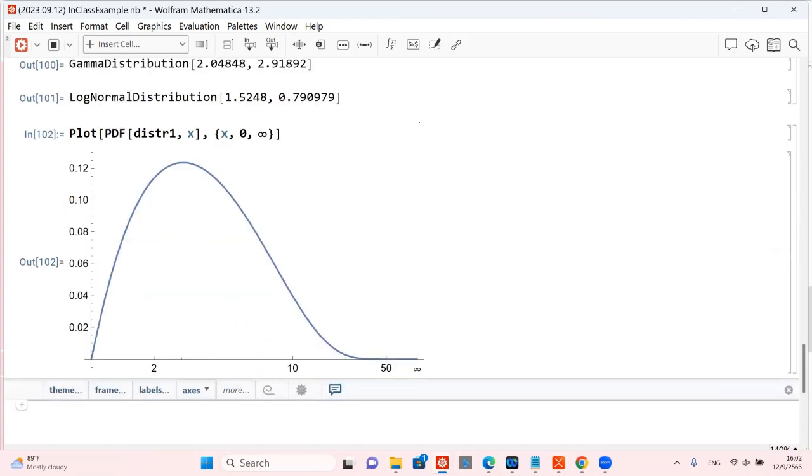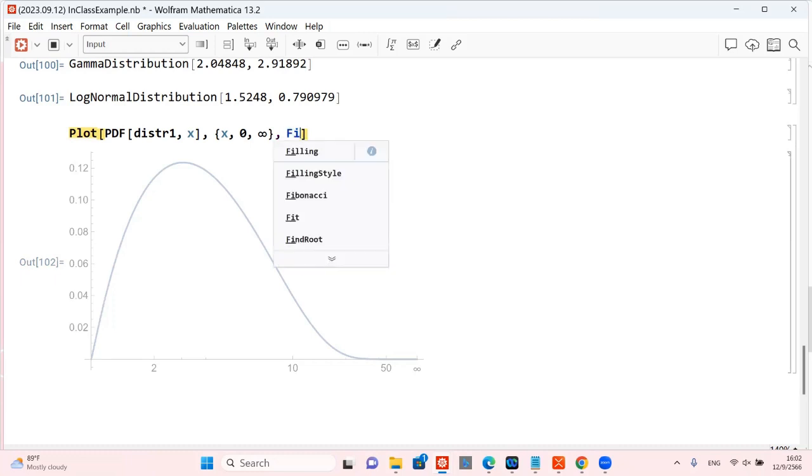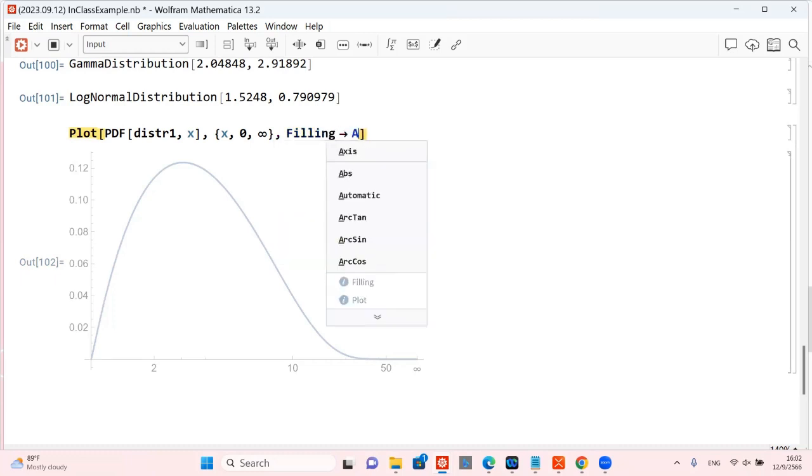What happened is by default, it's just going to keep going until it gets close enough to 0. Filling axis.